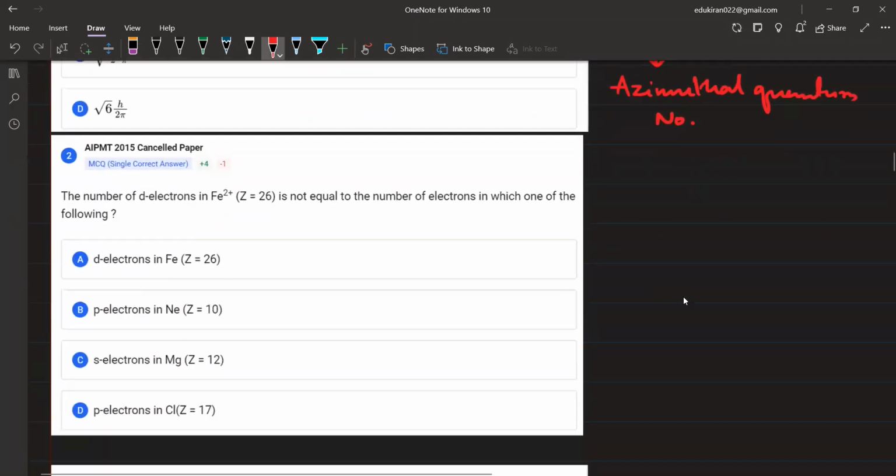Try this question. The number of d electrons in Fe2+, I hope 2 plus, if you're writing 2 plus, that means you're removing 2 electrons, is not equal to the number of electrons in which one of the following. नंबर ऑफ डी इलेक्ट्रॉन्स है ना, ध्यान रखिएगा.